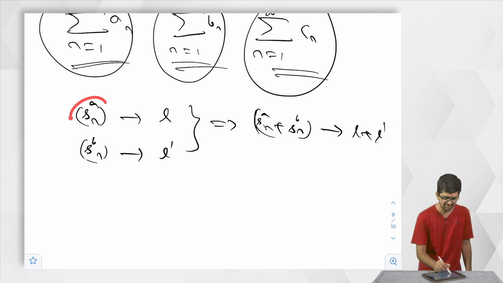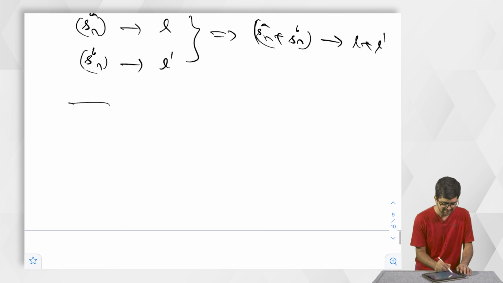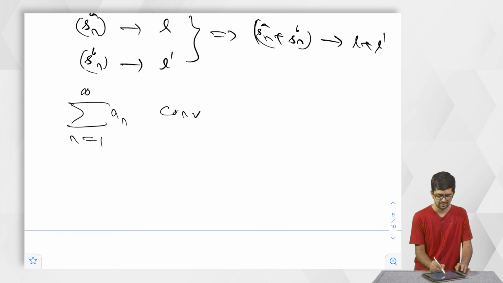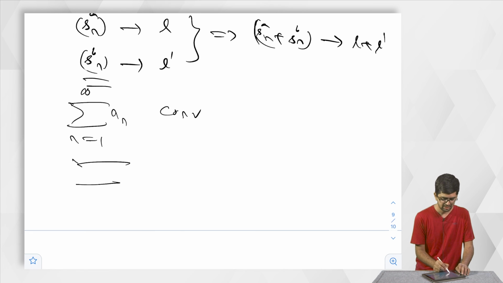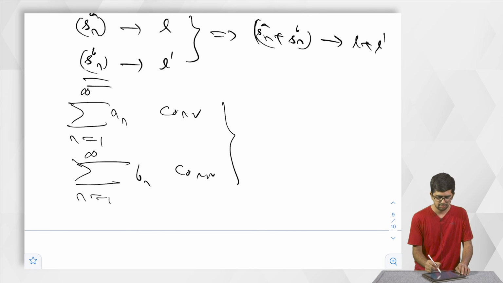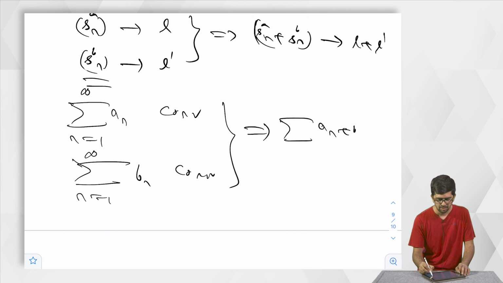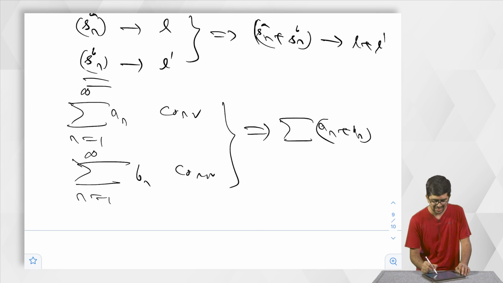What does it mean to say this is convergent? It means the series summation an, n equal to 1 to infinity, is convergent. This says summation bn, n equal to 1 to infinity, is convergent. So this combines to say that summation an plus bn is convergent, and this limit is equal to just the sum.